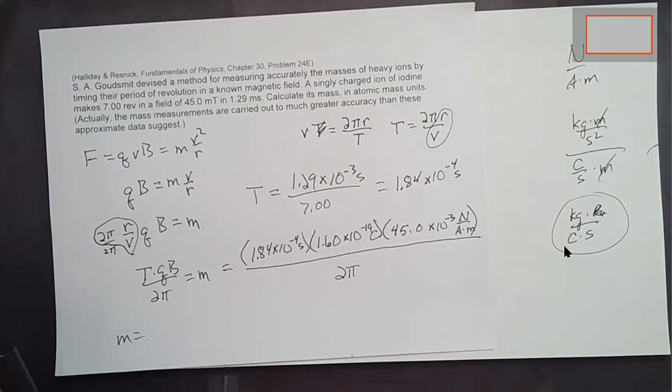Okay, so the mass of this thing is going to be 1.84 times 10 to the minus 4 times 1.6. It's going to be a small mass because it's just an ion of iodine, times 45 e minus 3, divided by 2 pi.